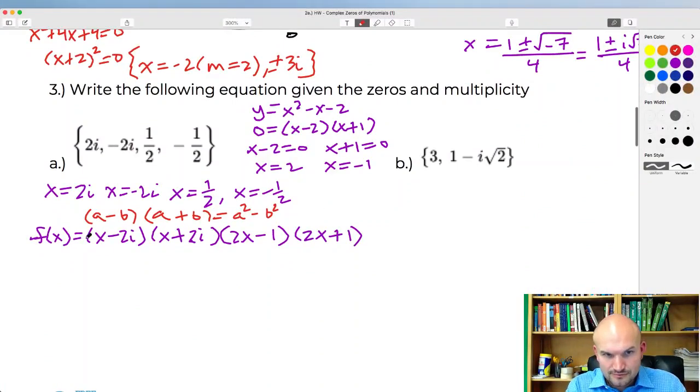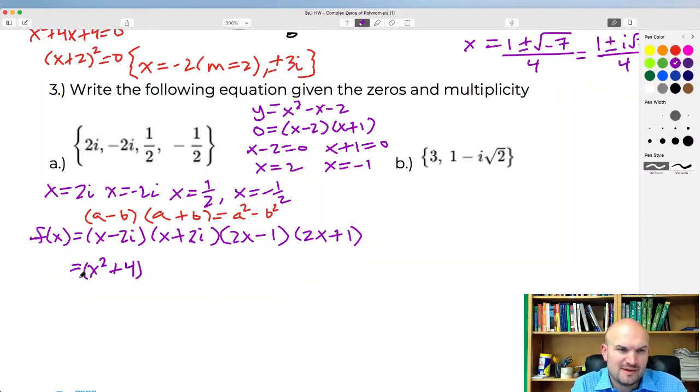So I'm just going to multiply these by squaring the first term, squaring the last term, and then subtracting those 2 terms. And what I get here is x times x is x squared. Here I get 2i times 2i is 4i squared. i squared is negative 1, so that's a negative 4. And then obviously you're subtracting them though, so you get x squared plus 4.